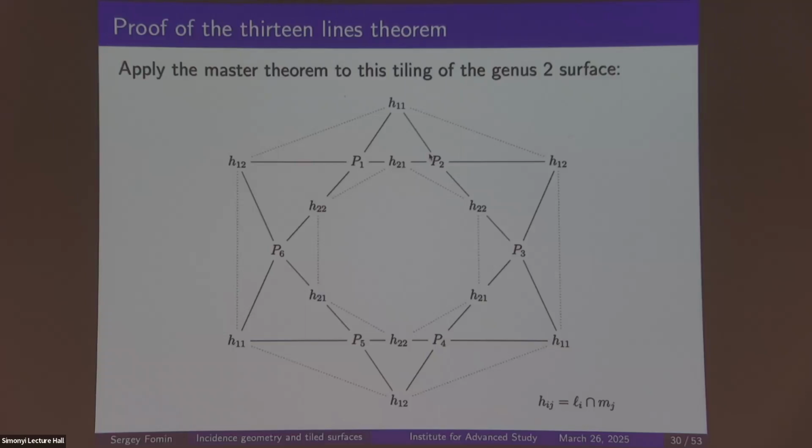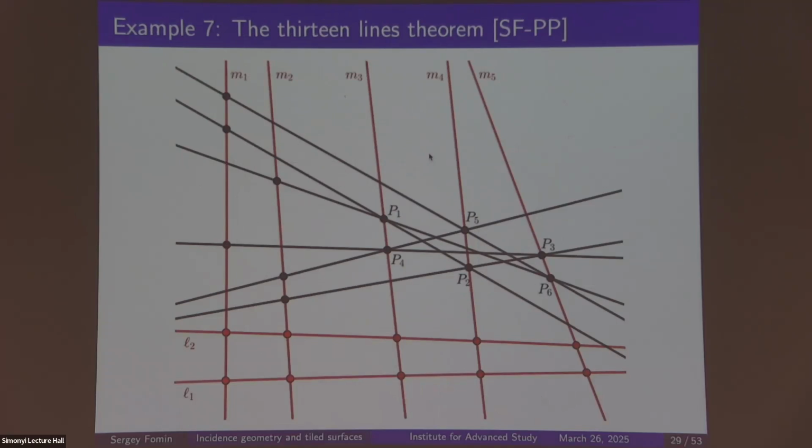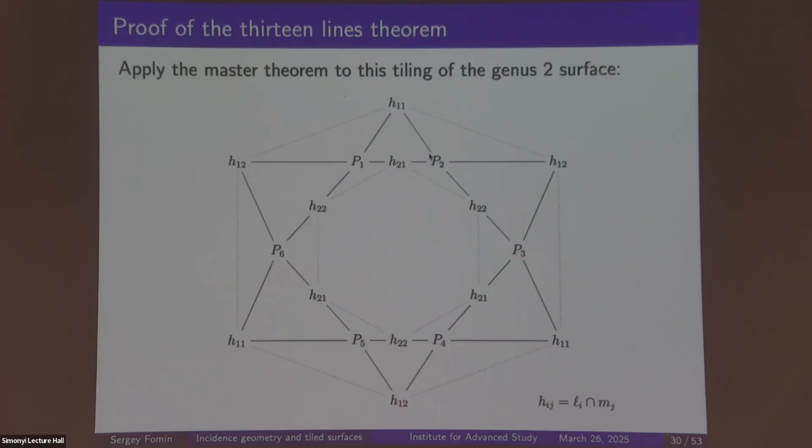After you do that, this annulus becomes a genus 2 surface, and you get a tiling, and then you interpret that tiling in the way you see the labels here. These H, Ij, and P sub i: the P sub i's are these points, and the H's are like intersections of L's and M's. So when you get these slides, if you want to analyze them, they contain enough information for you to be able to recover everything.